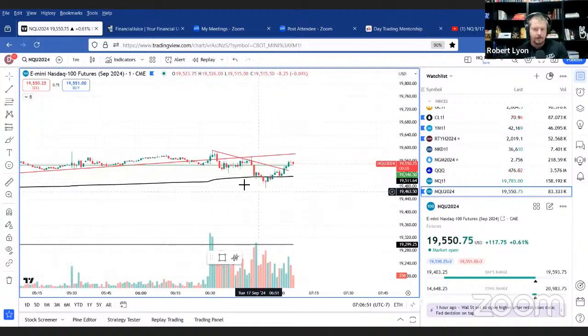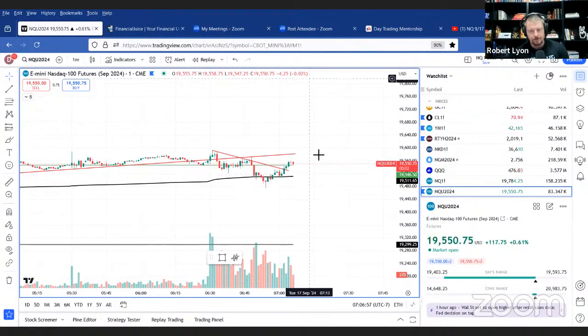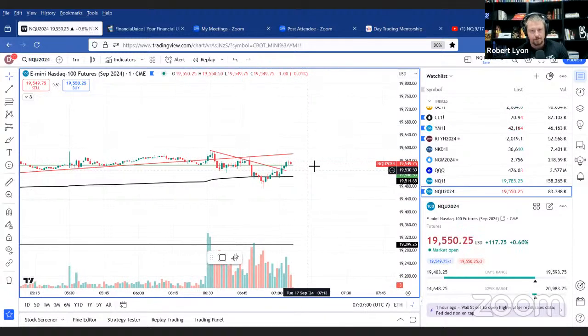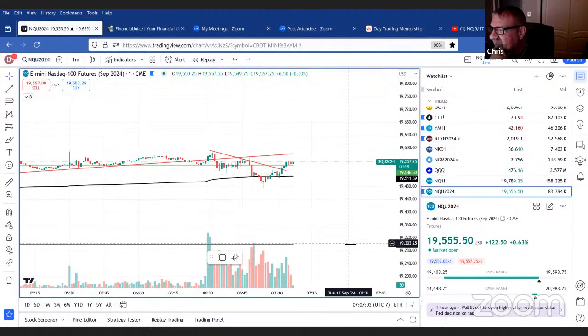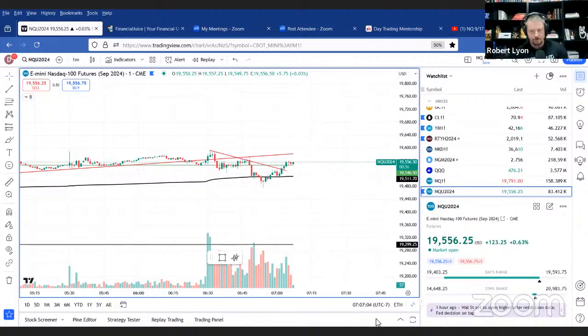We broke below it, came back, hit it again. If we go down, that'll tell us we're going down. If we go up, then we're just going for a slow grind to the upside today. So we'll see where it goes. We broke through. Damn, this would have been a good entry point, but who knew?